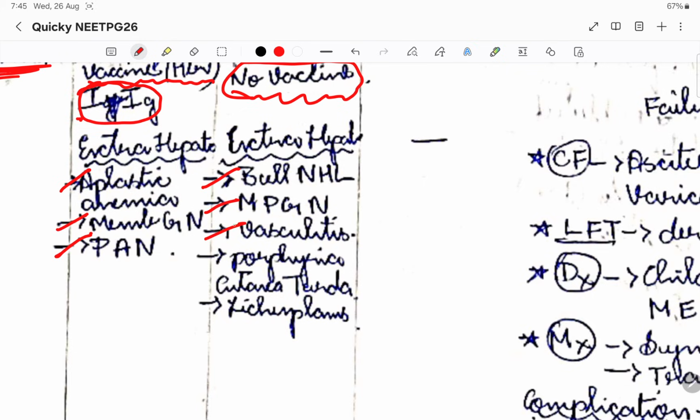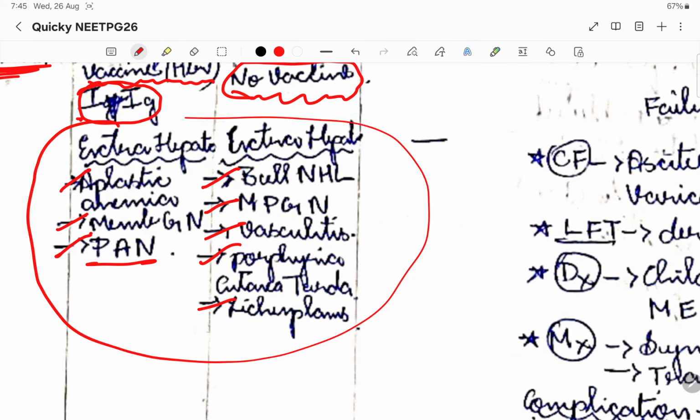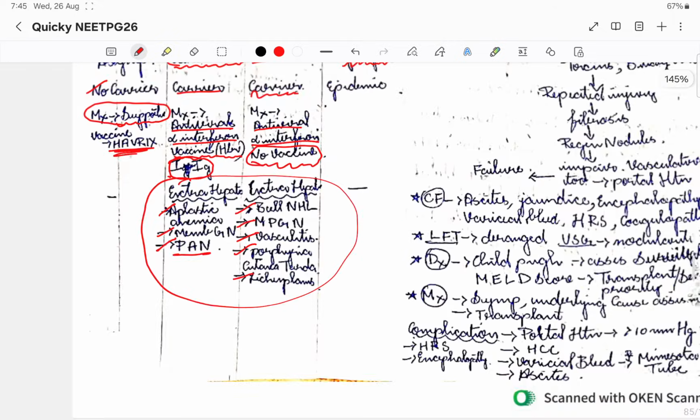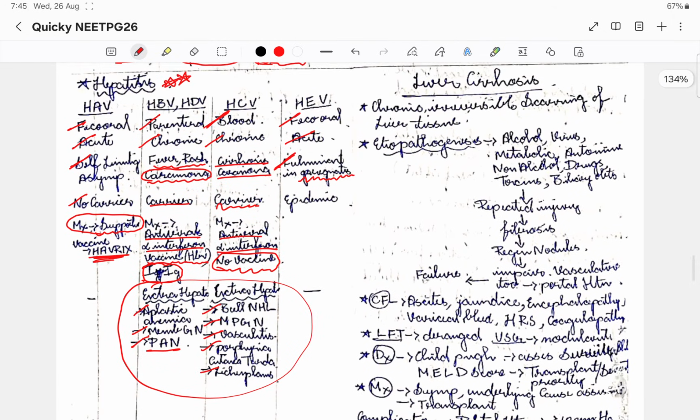Then vasculitis: in hepatitis B it was PAN, but here there will be other vasculitis. Then porphyria cutanea tarda and lichen planus. Please remember all these extrahepatic symptoms and which virus infection is causing them.